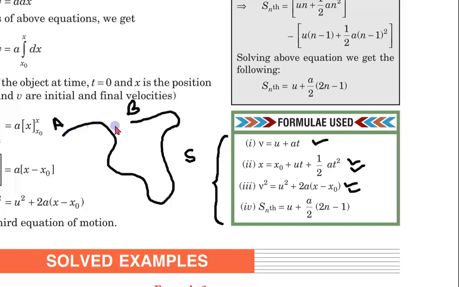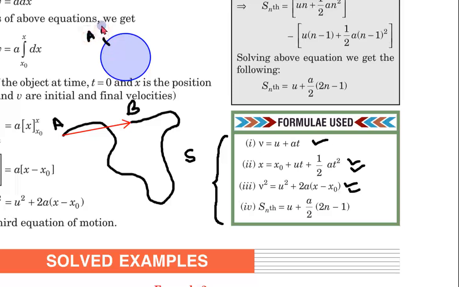The distance will be the total length of my journey from A to B. But displacement is the direct measure between A and B. If I move along a circle starting from point A, in one rotation my distance will be the circumference of the circle, that's 2 pi r if its radius is r, but the displacement will be 0, because for one full revolution I am coming back to my original point.